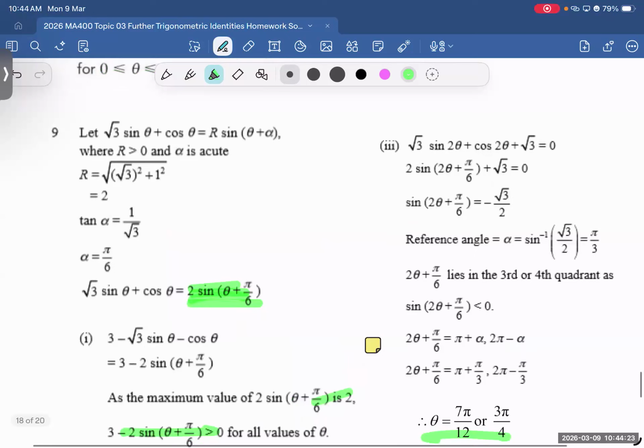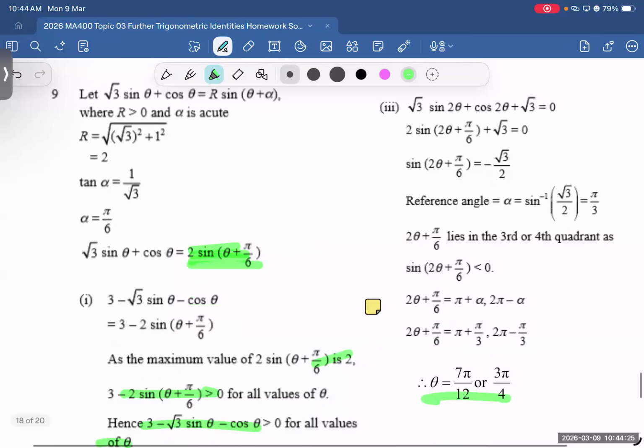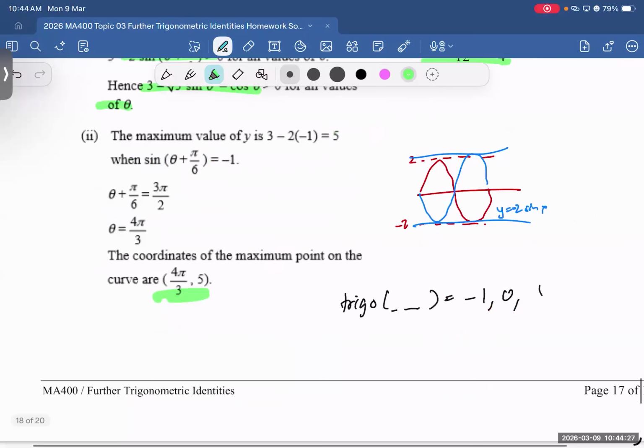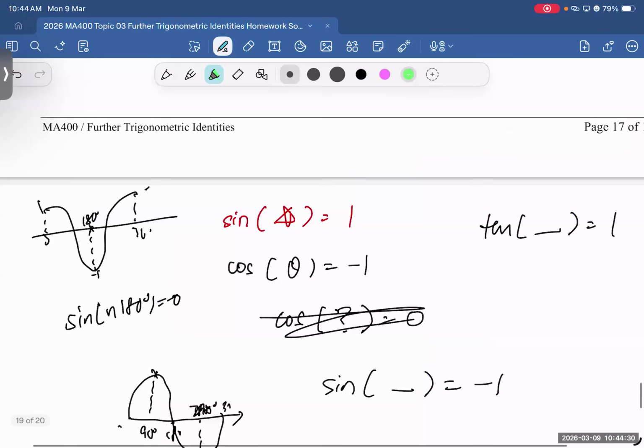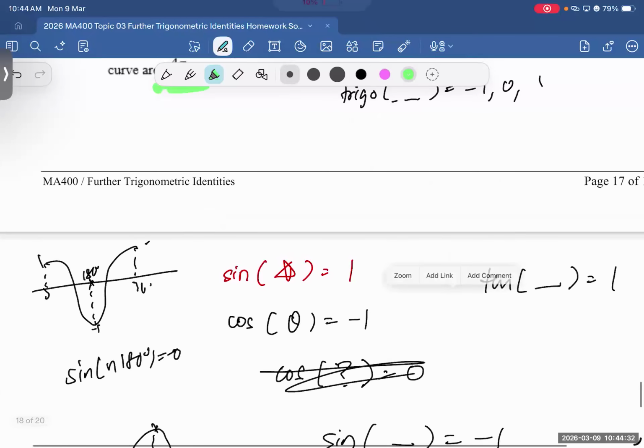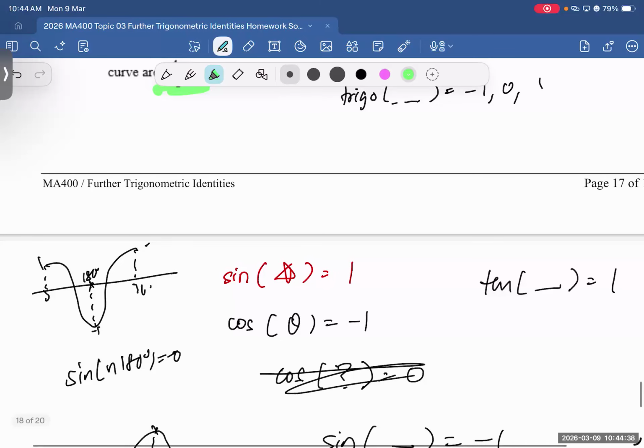Okay, you wait, focus. Okay, done? Quick, before the marker falls.